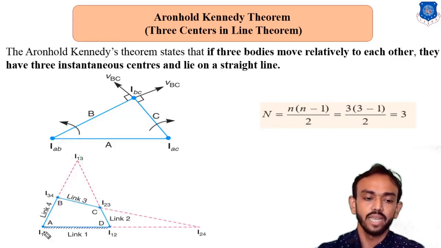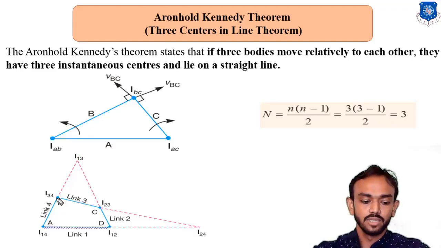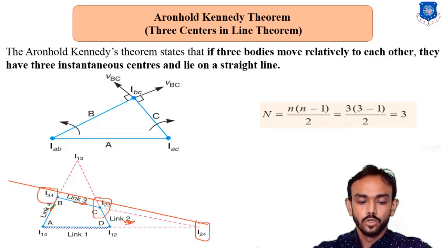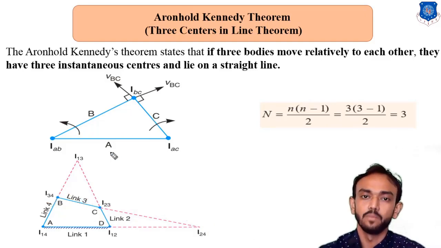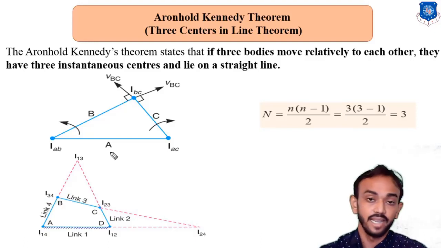You can check for any example. If you consider link number 4, link number 3, link number 2, the I centers are on a straight line like this. This is I34, I23 and I24. So if there is relative motion between the links and three links are there, all three I centers will be on a straight line.